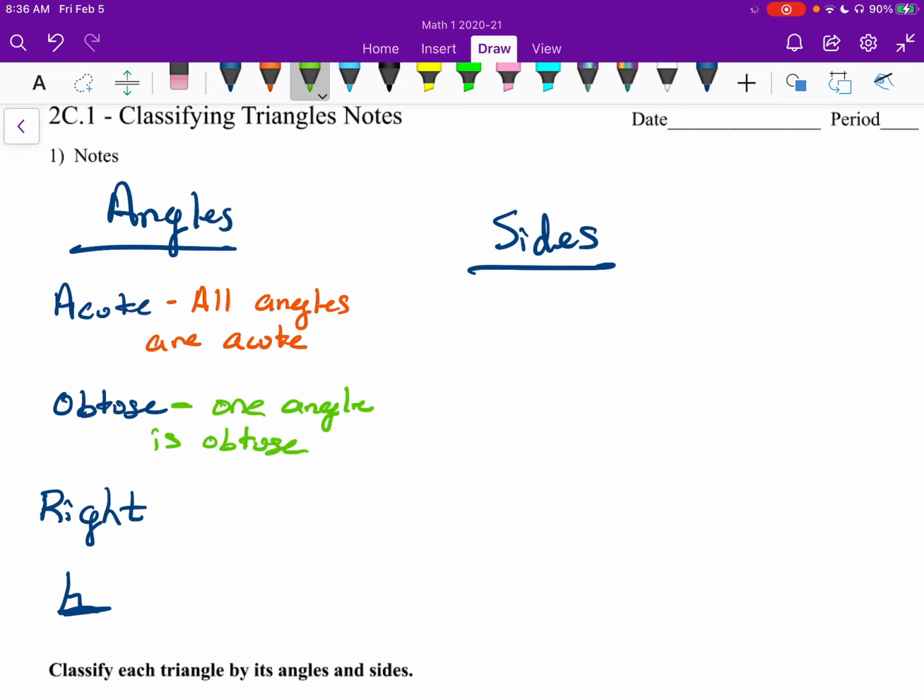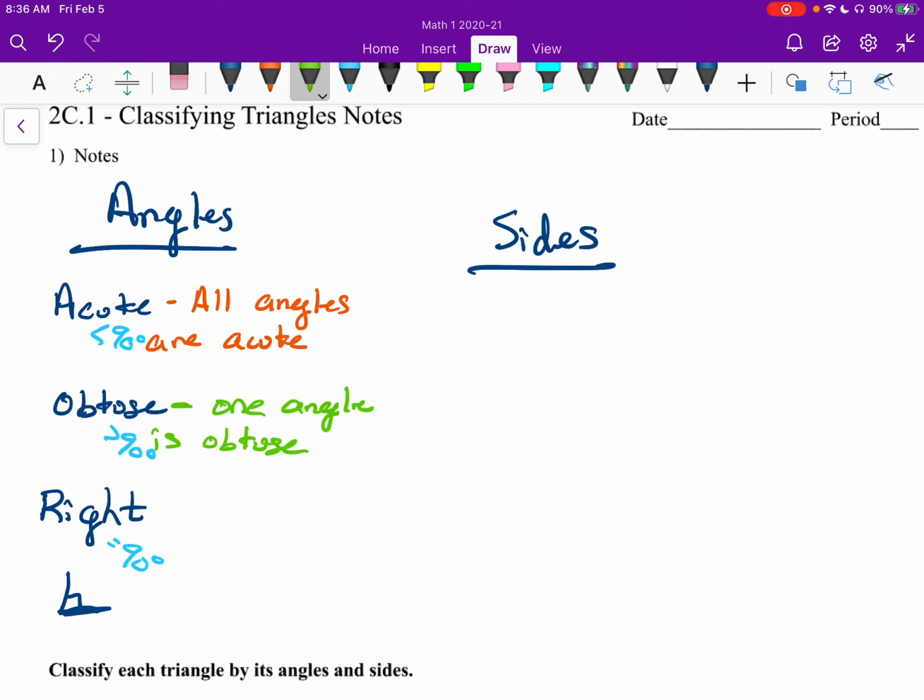Right? And just to remind us, what does acute and obtuse mean? Acute means an angle less than 90 degrees. An obtuse angle is bigger than 90 degrees. And then a right angle we know is equal to 90 degrees.